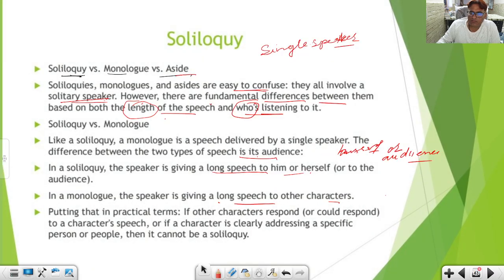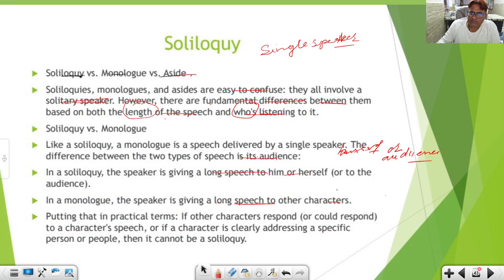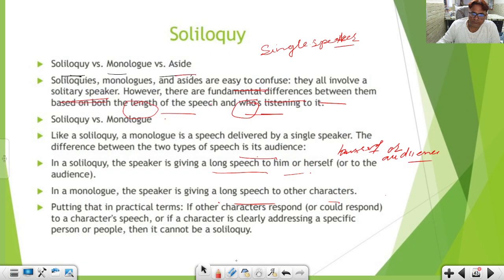But here, the presence of other characters, okay, other characters is essential. So there is no presence of the other character in soliloquy, but in monologue, the other characters, fellow characters, are also present.